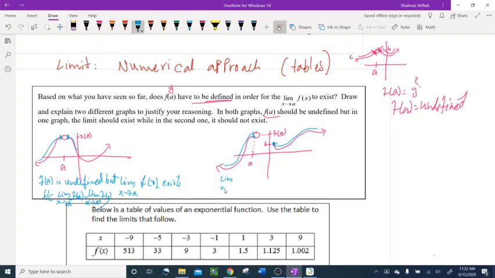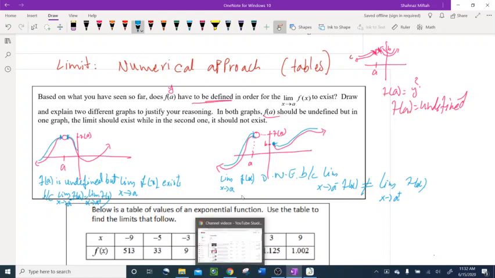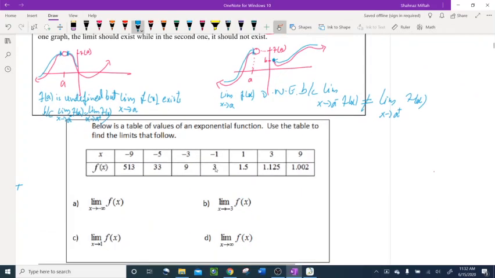The limit as x approaches a of f of x does not exist because the limit from the left of f of x is not equal to the limit from the right, which is this one. You see, one is f of a, another one is b. So it does not exist. You can make it up the way you want.